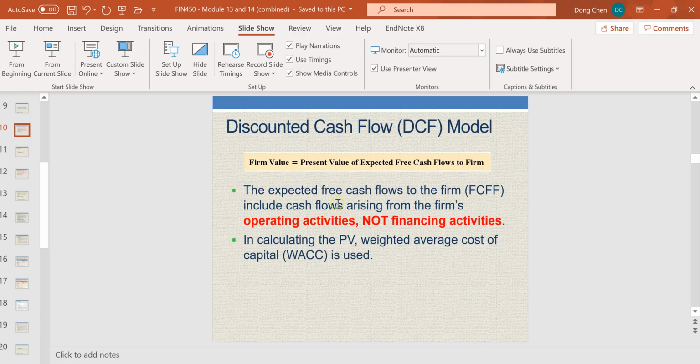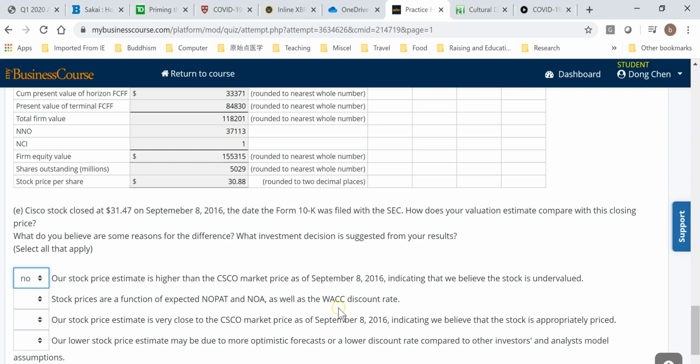And when you calculate the present value, you also need the discount rate, so the WACC discount rate is very relevant. So this is true. Our stock price estimate is very close to the Cisco market price as of September 8th, 2016. These two numbers are very close to each other, indicating we believe that the stock is appropriately priced.